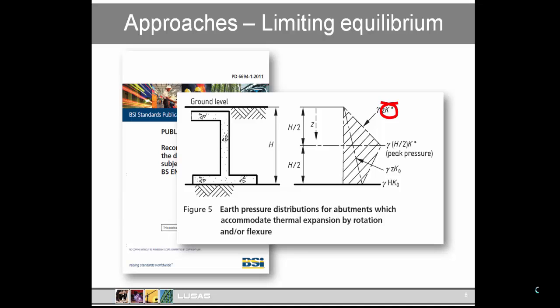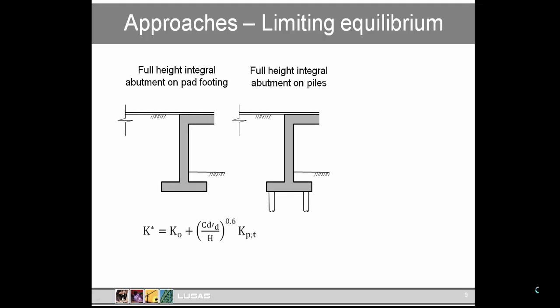That's where this document, PD 6694-1, gives expressions which have been validated against a wide range of research on integral bridges. For full height abutments, K star is based upon the at-rest pressure coefficient, K0, the passive pressure coefficient, Kp(T), the wall movement range at mid-height, d', which can be taken as between 0.5 and 0.7 times the movement at deck level, so probably 0.5 for the piled wall, and a coefficient, C, which is based on the elastic modulus of the subgrade.